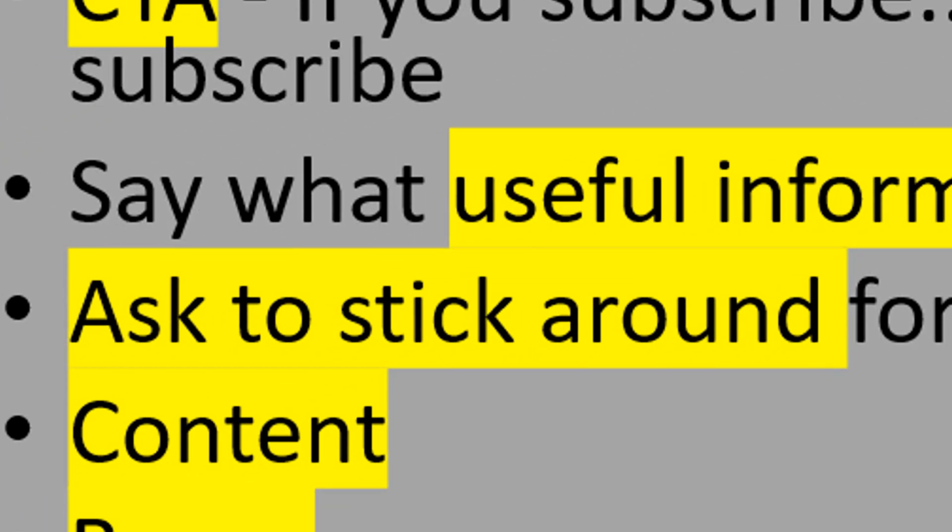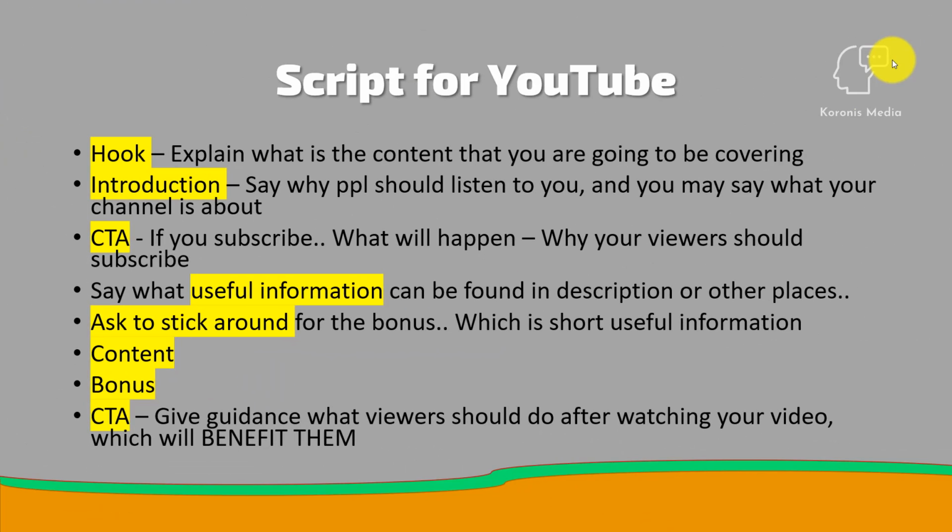You have to ask people to stick around for more information beyond the content they actually clicked on, and then the content itself. The content itself is very important, but it's just one point here. It doesn't mean it's just one element, same as all the other elements. This is the most important element here. And then you have a bonus and, again, a call to action. Let's go through all of this one by one.